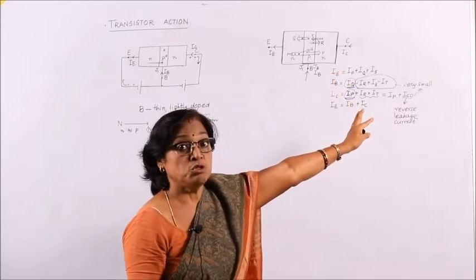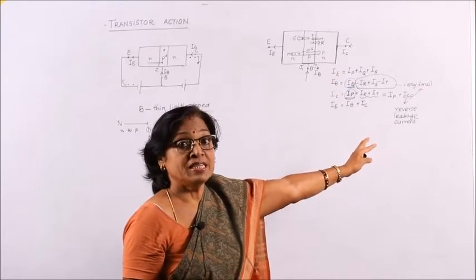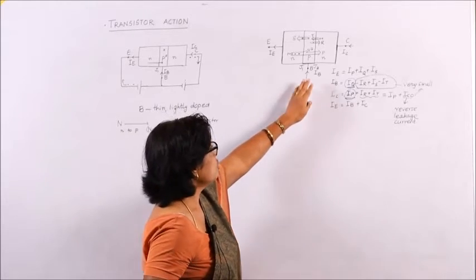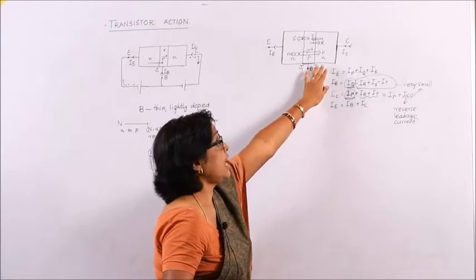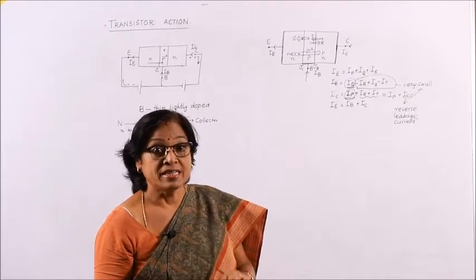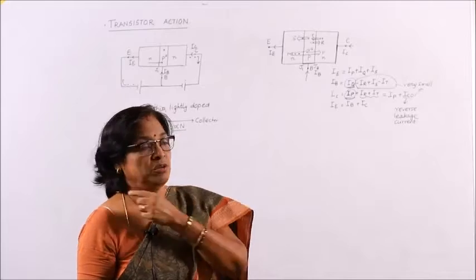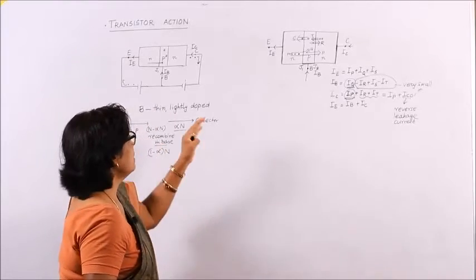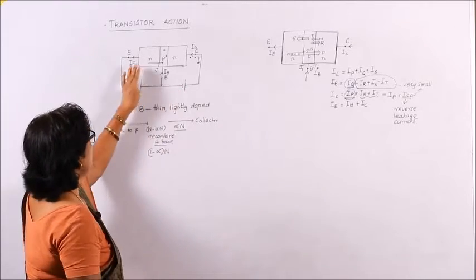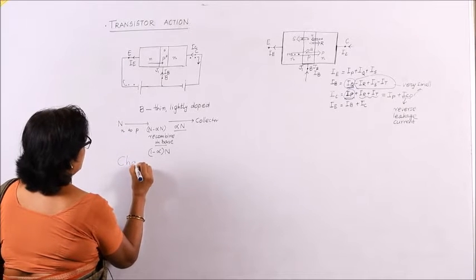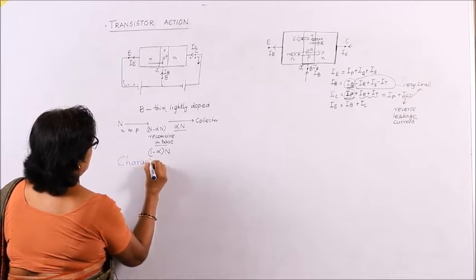So, micro is 10 to the power minus 6, milli is 10 to the power minus 3, so 10 to the power 3 times. So, for a small change in base current, there is a large change in collector current, and that is why a transistor will act as an amplifier. So, this is how the transistor behaves, and we will go on to find out the characteristics of a transistor.